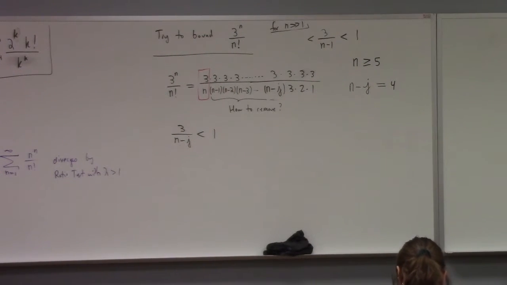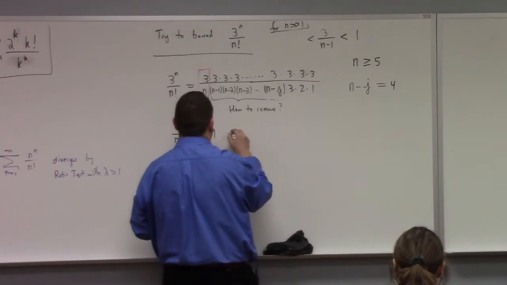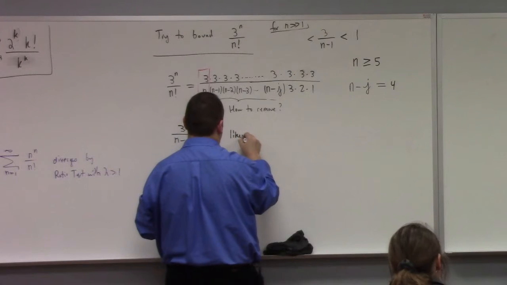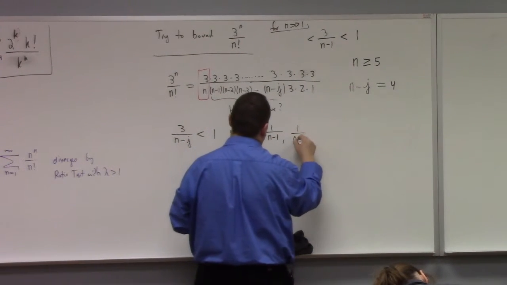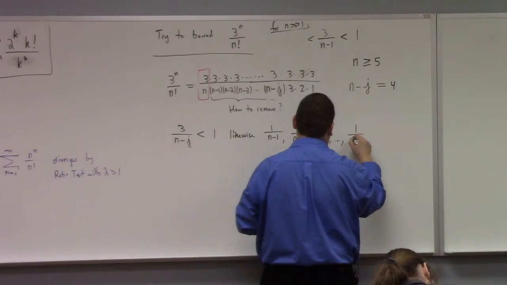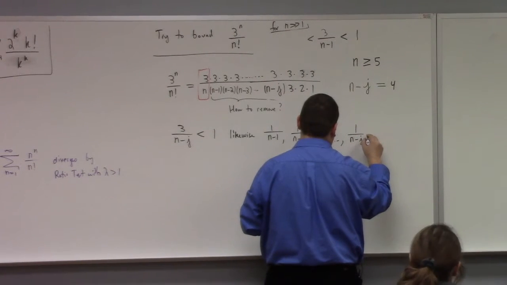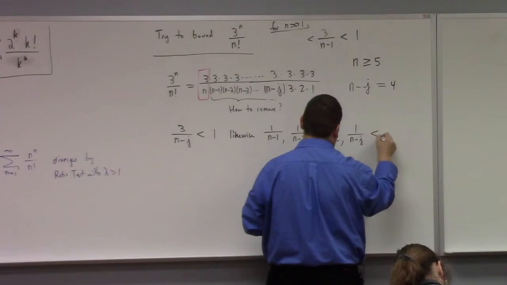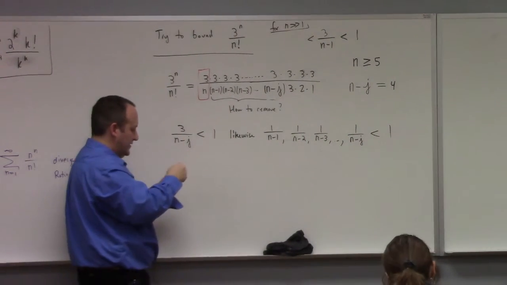Because if I could do that, then likewise, we'd have 1 over n minus 1, 1 over n minus 2, 1 over n minus 3, 1 over n minus j. All these would be less than 1. I need to put 3's in the numerator, obviously, right?